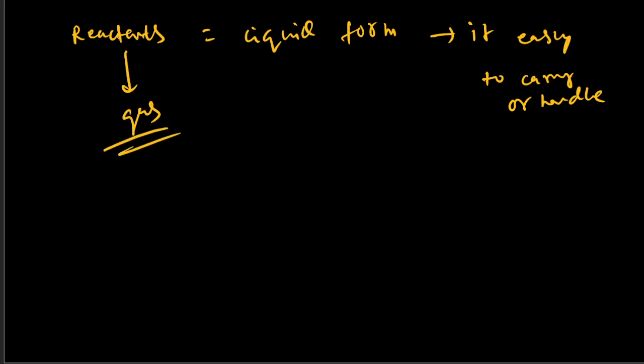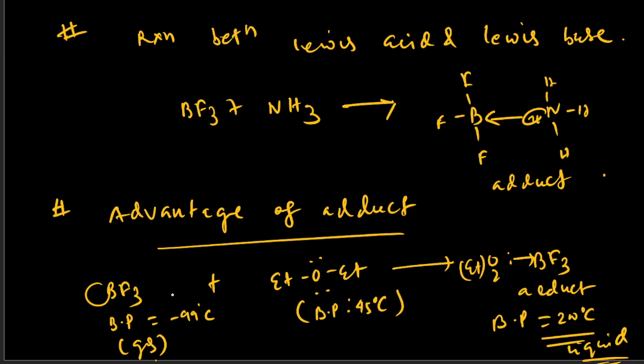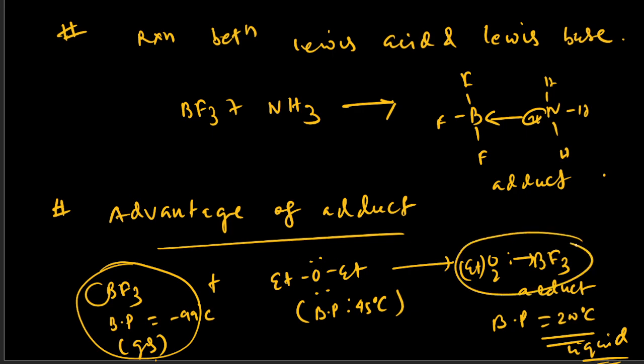So what was in gas form will convert into a liquid by adduct formation. So these are some advantages of adduct formation. These are the theories that say what are acids and what are bases, and according to their concepts, some are considered acids, some are considered bases.